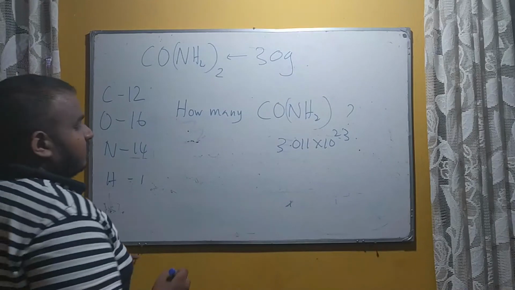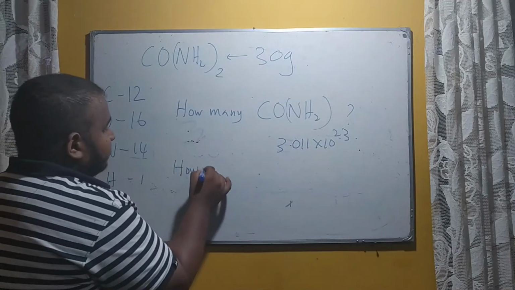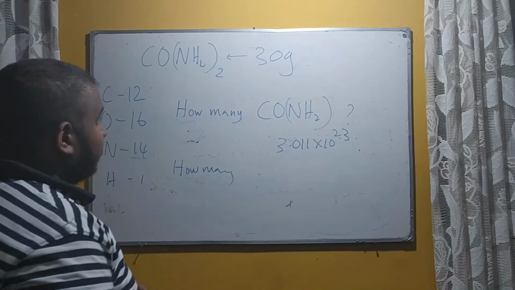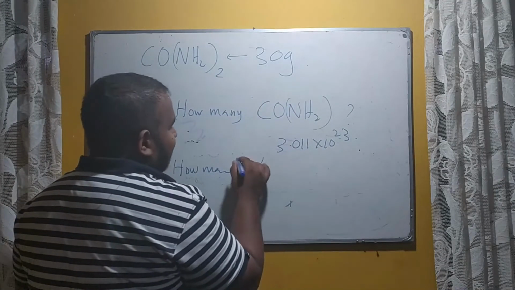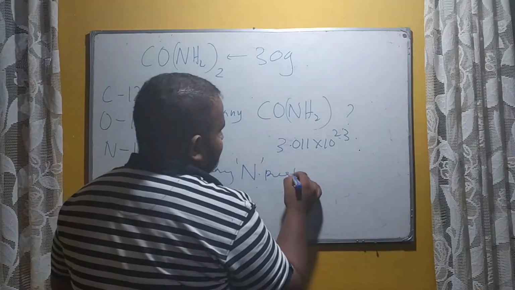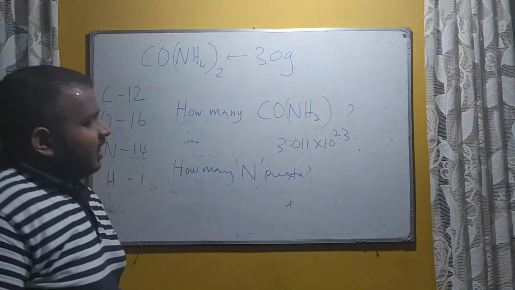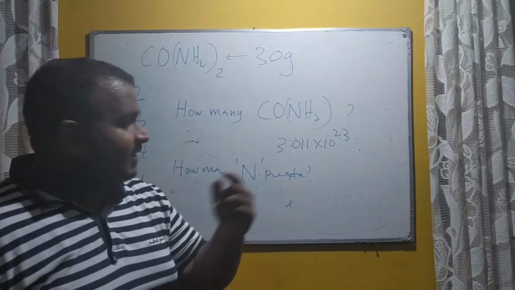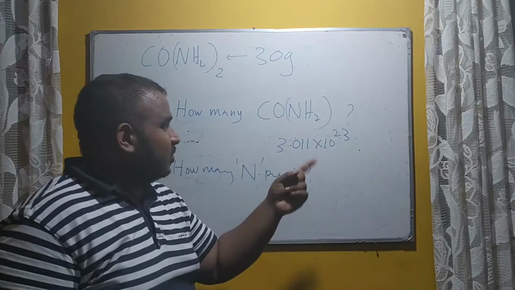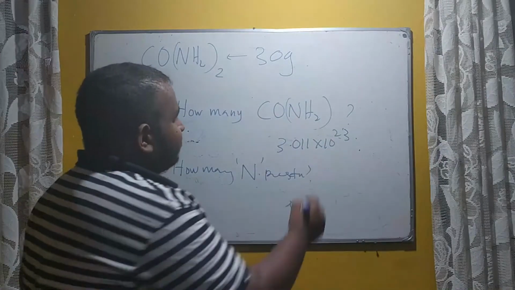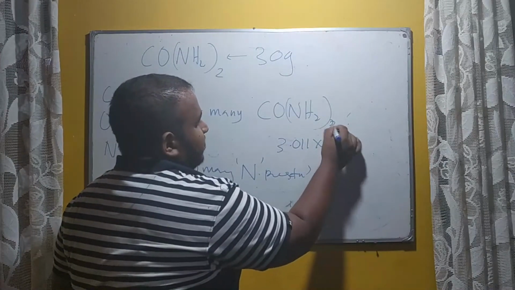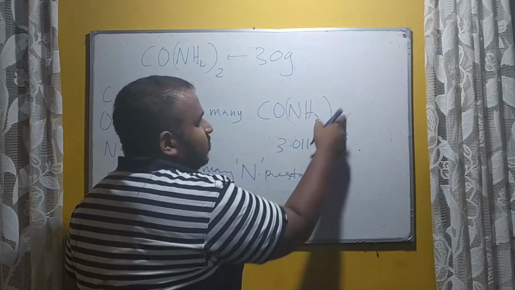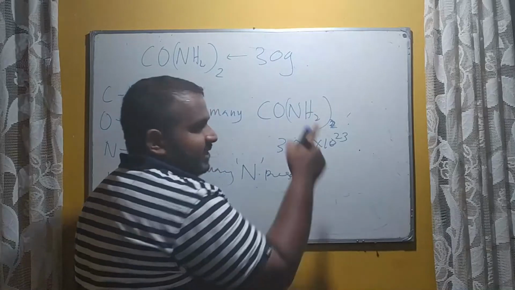The second question was, in the same amount of urea, how many nitrogens are present? That is the most important. If you consider one urea molecule, there are 2 nitrogens present.